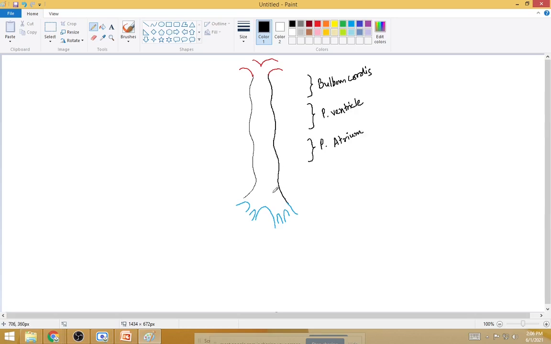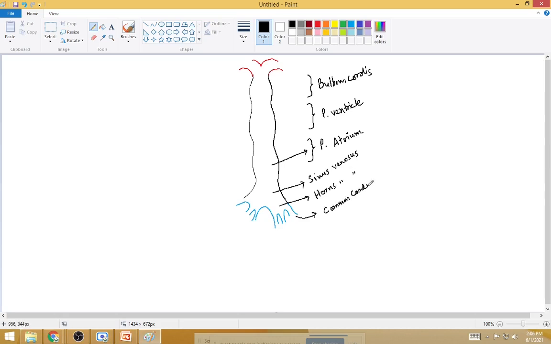Okay, this is the sinus venosus. These are the horns of sinus venosus.